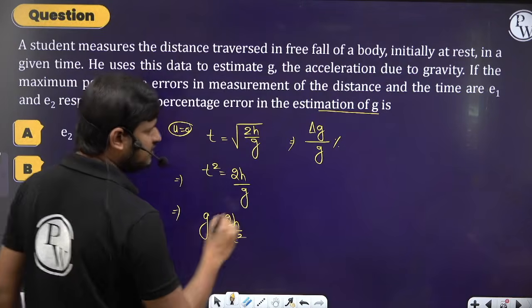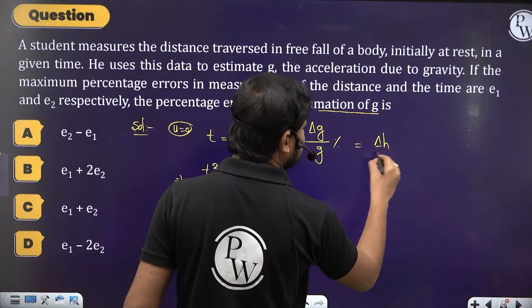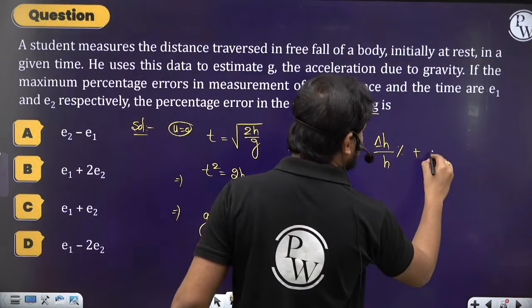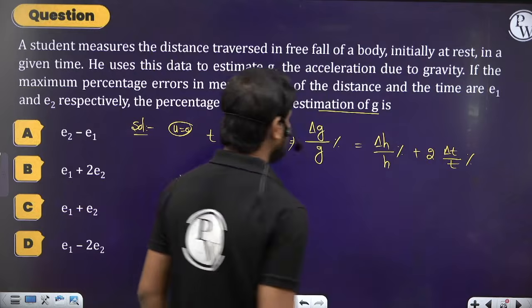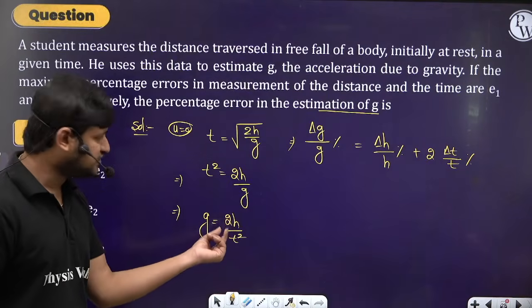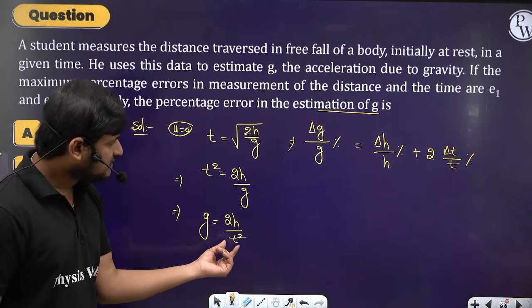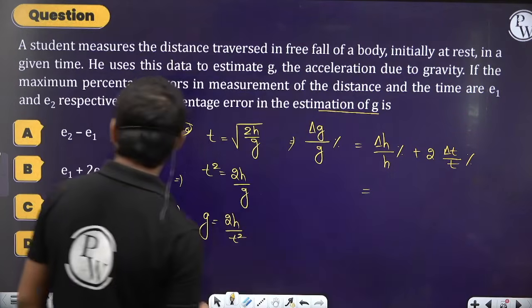So 2 is however constant, so just keep it aside. So then delta h by h percent plus 2 into delta t by t percent we can write. Delta h by h percent, h to the power 1, right? So that's why delta h by h percent plus 2 into delta t by t percent. So what is delta h by h?